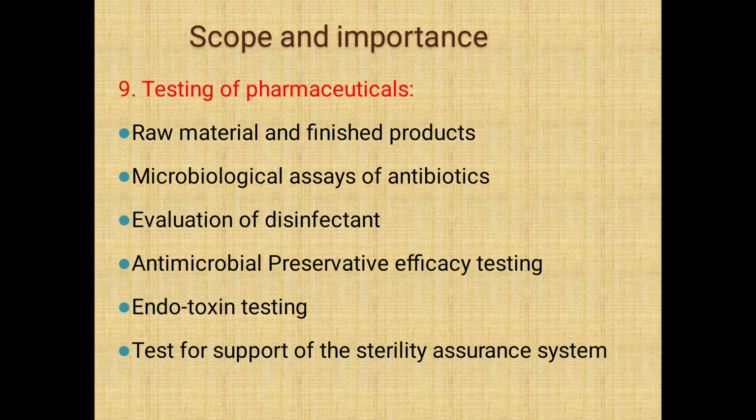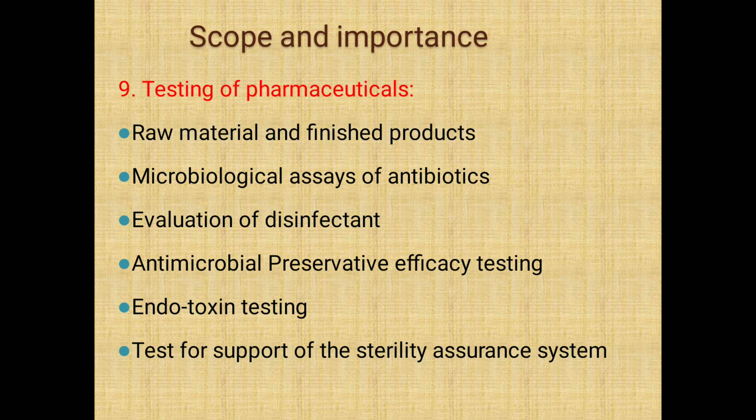Then testing of pharmaceuticals. Various raw materials and finished products are mainly tested for the detection of various bacterial species which are harmful to human beings. If these finished pharmaceutical products contain those harmful microorganisms or bacterial species, and if they are administered to the patient, then such products will be harmful to the patient.